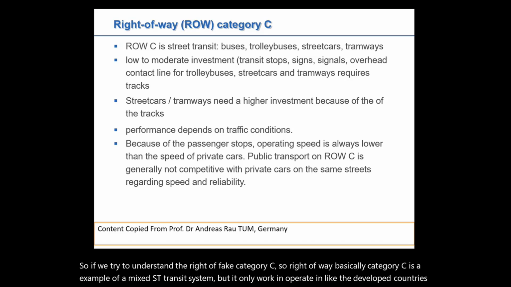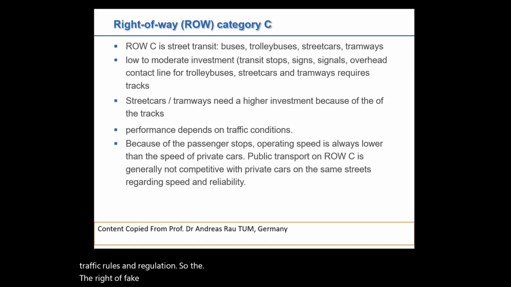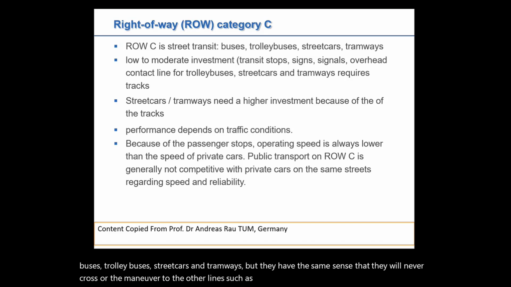Underdeveloped or third world countries might have issues because of traffic rules and regulations. As you can see in the very first point, it could be used by buses, trolley buses, streetcars and tramways, but they will never cross or maneuver into other lanes, such as a cyclist lane or pedestrian lane.